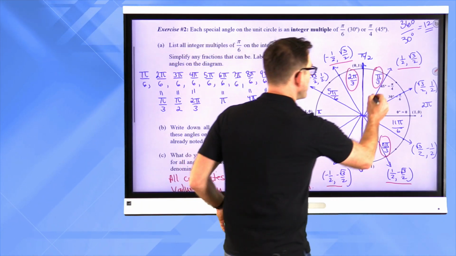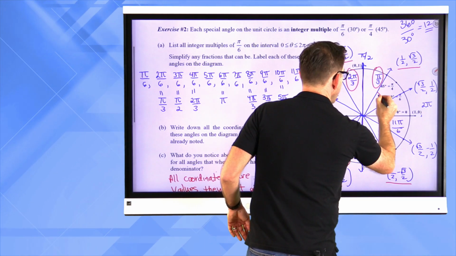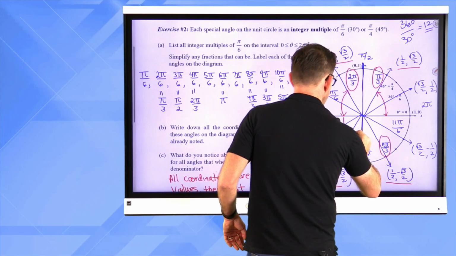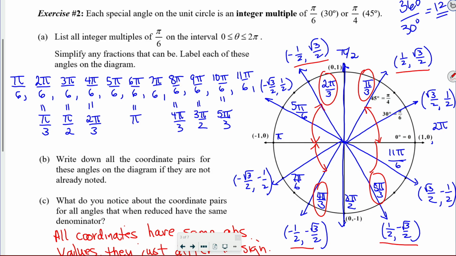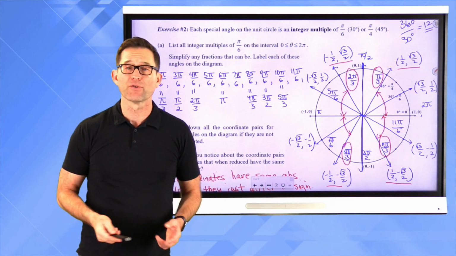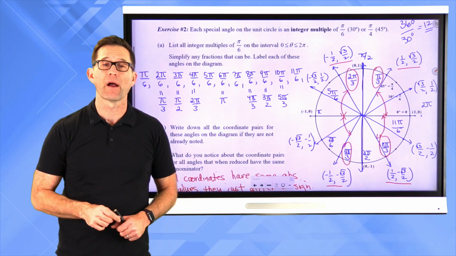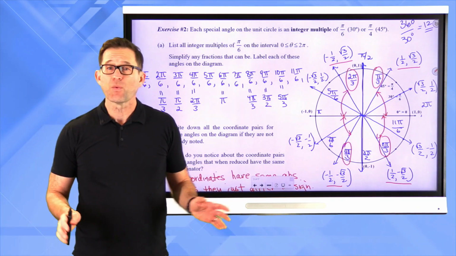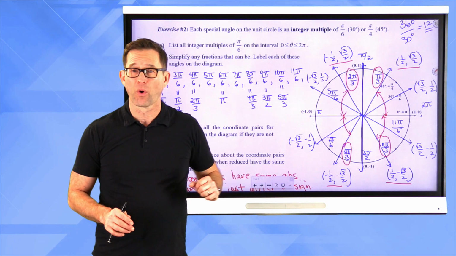This angle here is the same as this angle here, and is the same as this angle here, and is the same as this angle here, right? The same thing is true of pi over 6, 5 pi over 6, 7 pi over 6, and 11 pi over 6, and that's why you get these same coordinates.